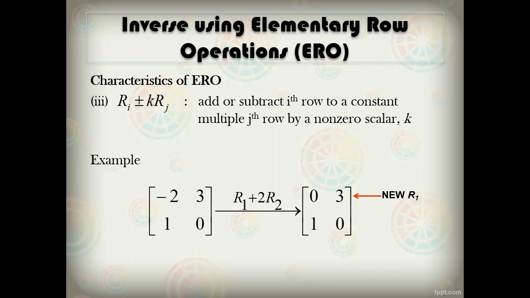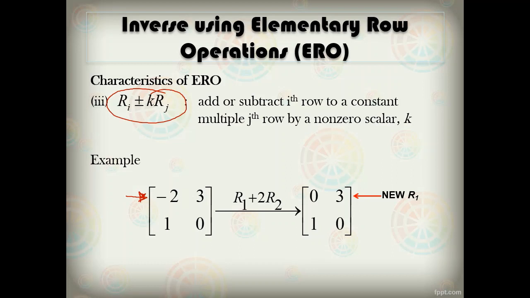This rule also applies whenever you want to reduce an element to 0. For example like this, which row do you want to change? You want to change the first row. So do not multiply the scalar to the row that you want to change.